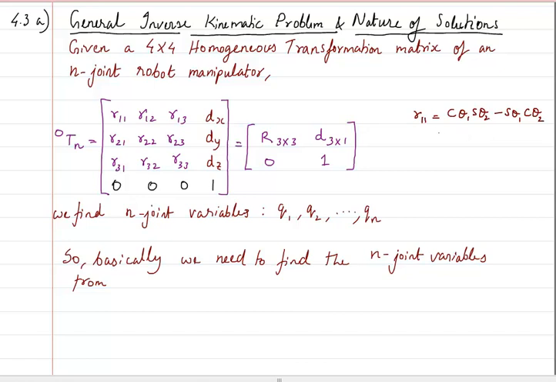Just like that, we will have 9 equations here and 3 equations for dx, dy, dz. So we will basically have 12 equations, and from those 12 equations we need to find theta 1, theta 2, all these q1, q2, all the way up to qn. So basically, we need to find the n joint variables.